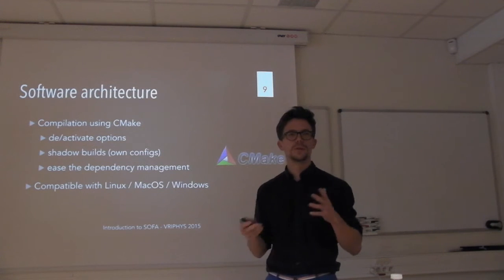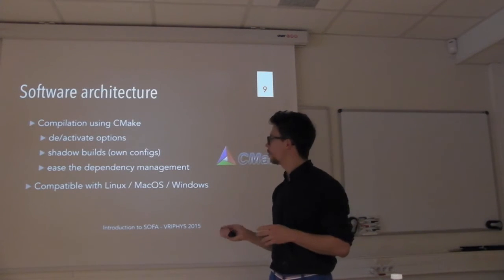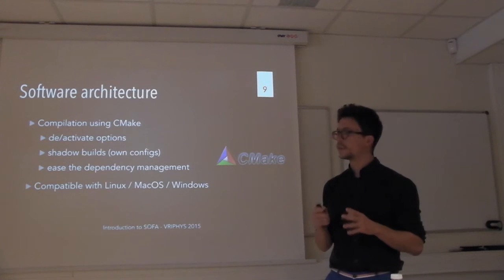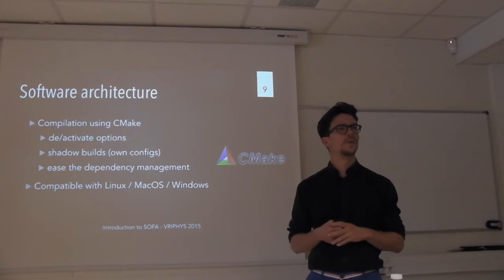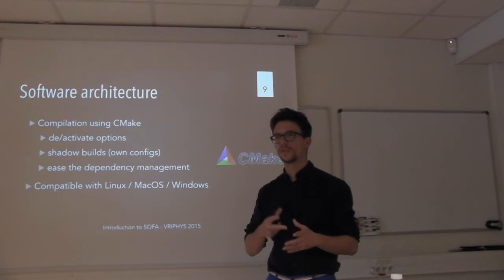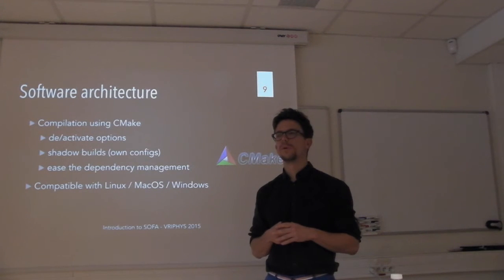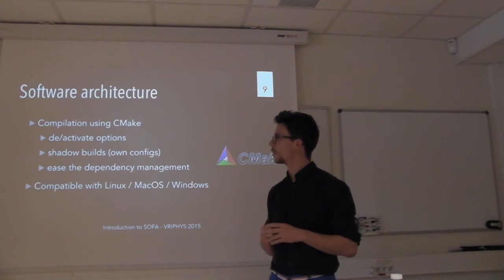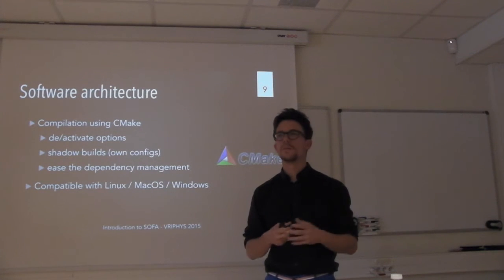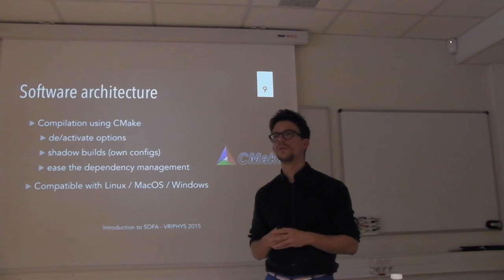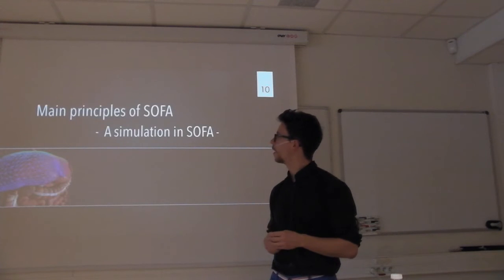Today, SOFA is compatible with all 3: Linux, macOS, and Windows. And as I said, that's one of the take-home messages: we are currently working on proposing binaries of SOFA, again making it easier to use, without compilation, basically.